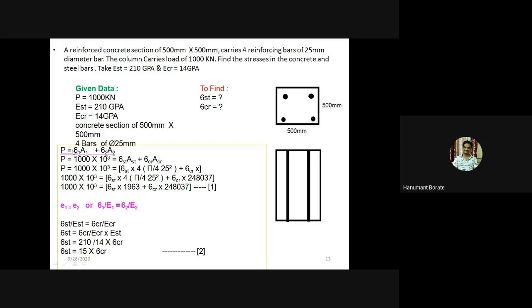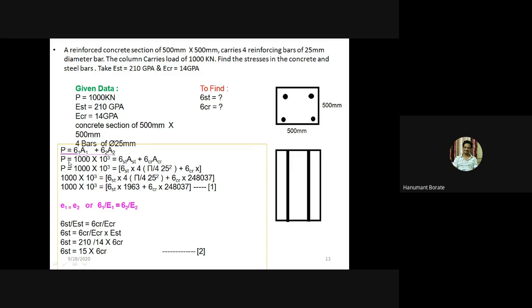Then replace P1 and P2 by stresses sigma 1 and sigma 2. We know that sigma equals P by A, so P equals sigma into A. So P equals sigma 1 A1 plus sigma 2 A2.